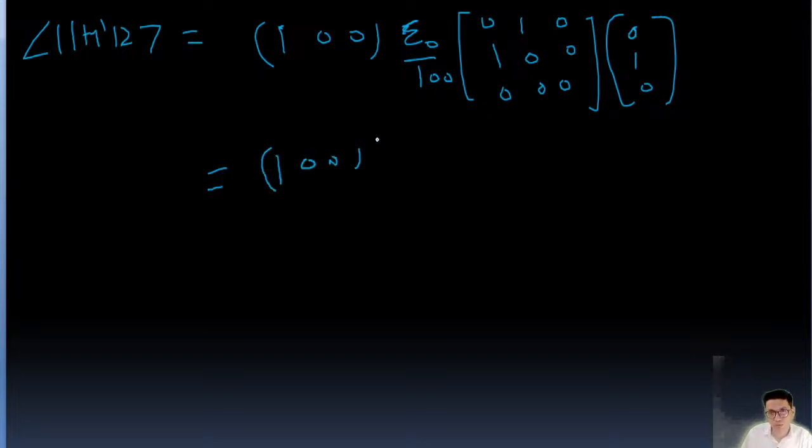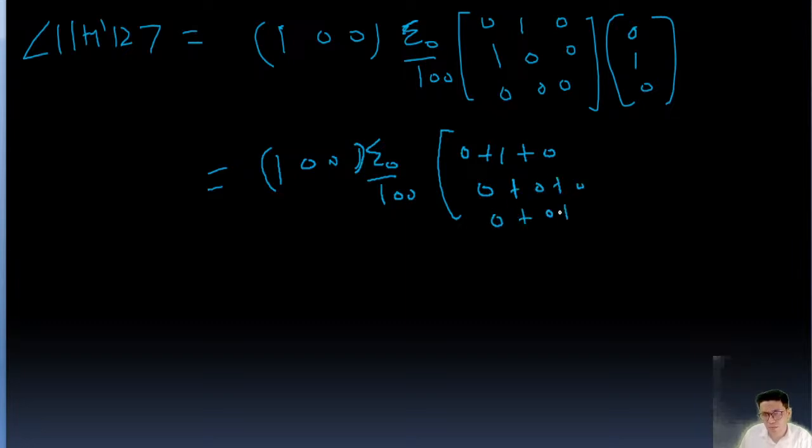0 0 0, E naught upon 100. Okay, and this is with this, right? So 0 plus 1 plus 0, and this is with this, 0 plus 0 plus 0.